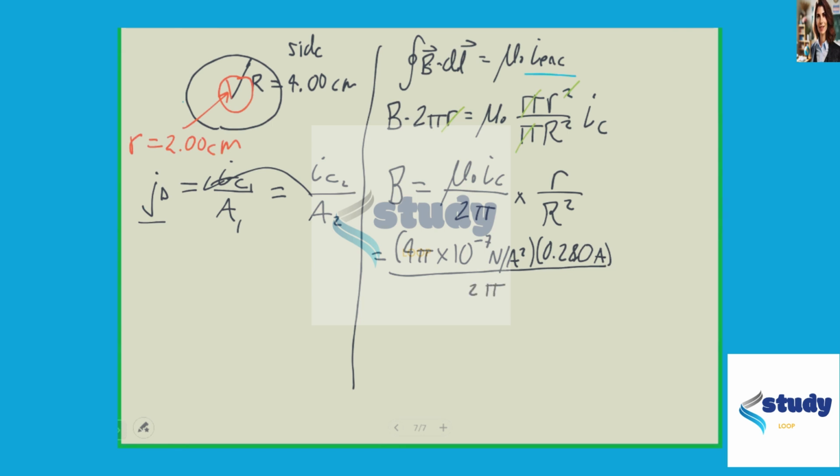Our r is 0.02 meters, and capital R is 0.04 meters squared. If you calculate that, you should find that this is 7 times 10 to the minus 7 Teslas.